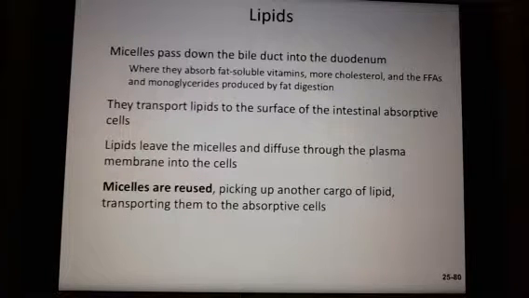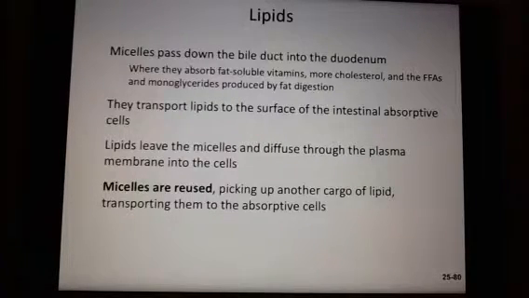So these micelles are able to go down the bile duct into the duodenum, and then they are absorbing these fat-soluble vitamins, cholesterol, and the free fatty acids and the monoglyceride. Once the micelles are in the small intestines, they latch onto the lipids and bring them to the surface of the absorptive cell in the intestines.